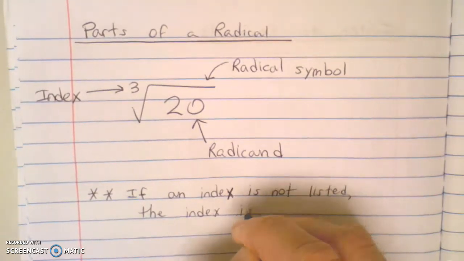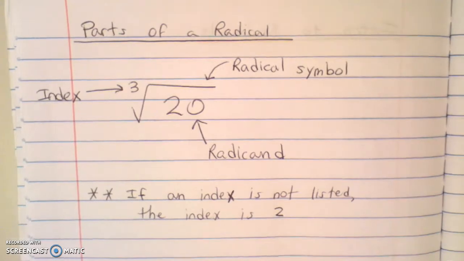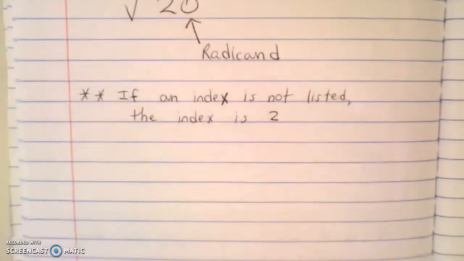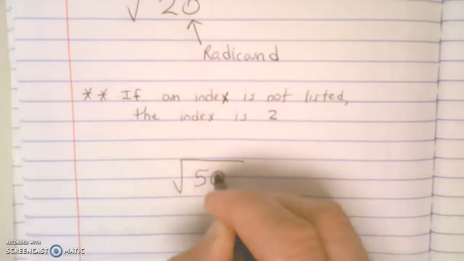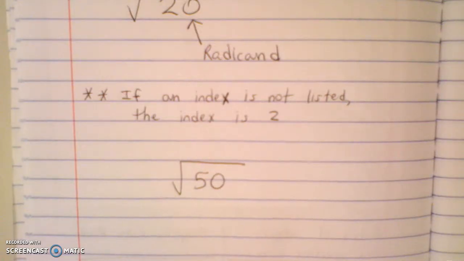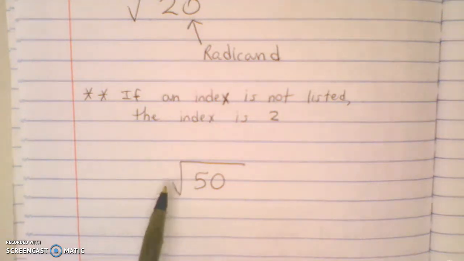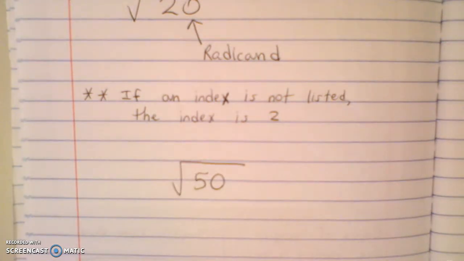So as an example, if you had a problem like the square root of 50, just like that, there is no index listed right there, so we know it's a 2. That's the only number that is not going to be written, would be the 2. Otherwise, you'll always see a number written there telling you what root you're taking for a radical.